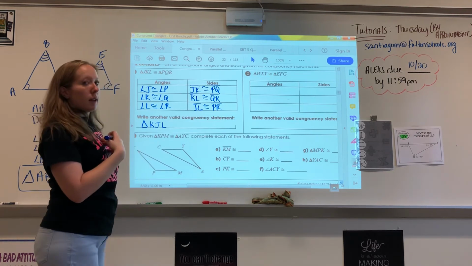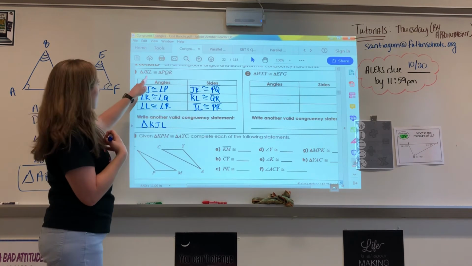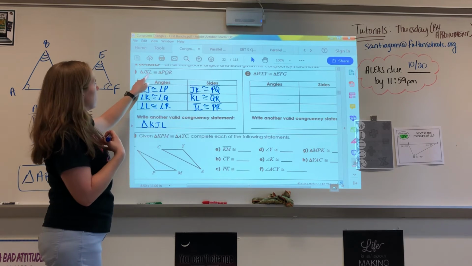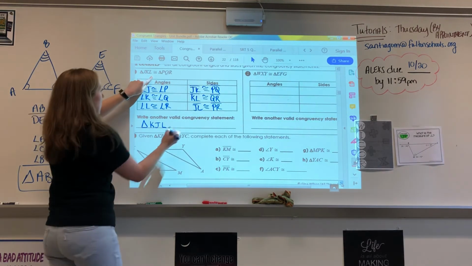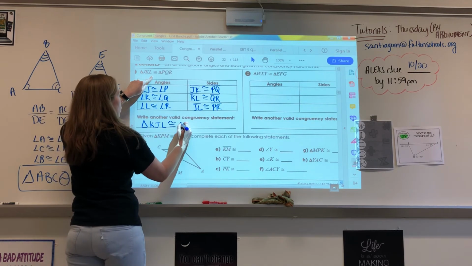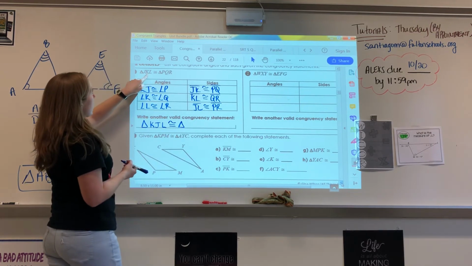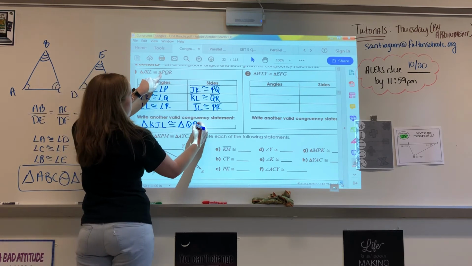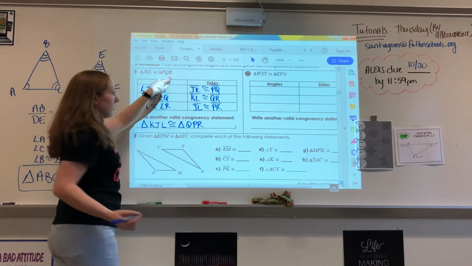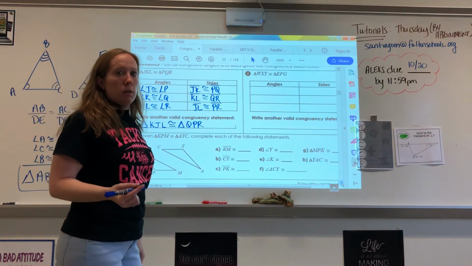So if I look at that, the pattern I chose, KJL, middle, first, last. Consistent. I would say it's congruent to triangle, I did second, first, last. So second is Q, first is P, last is R. That's another congruency statement. Okay?